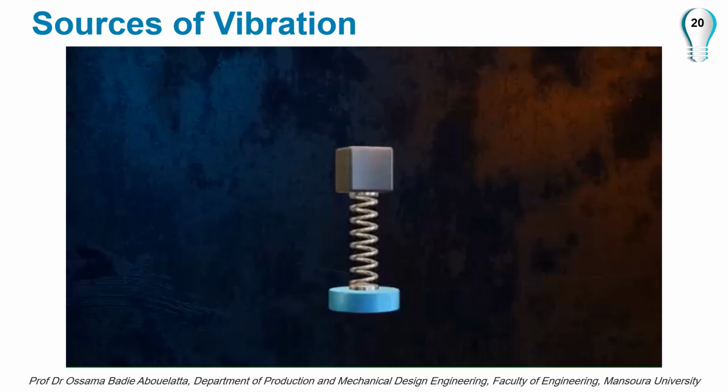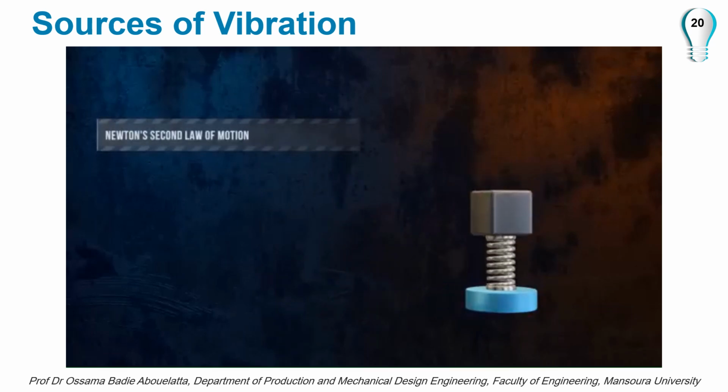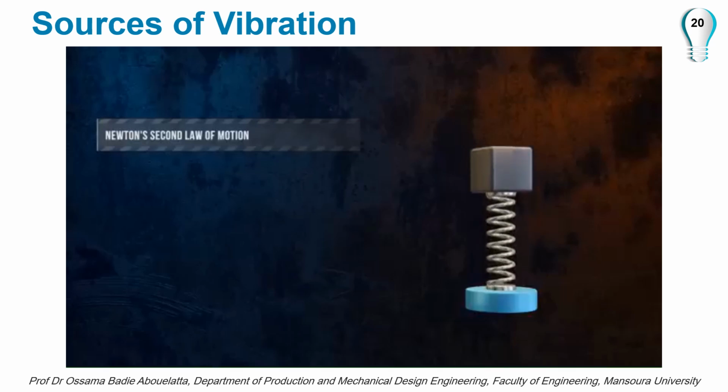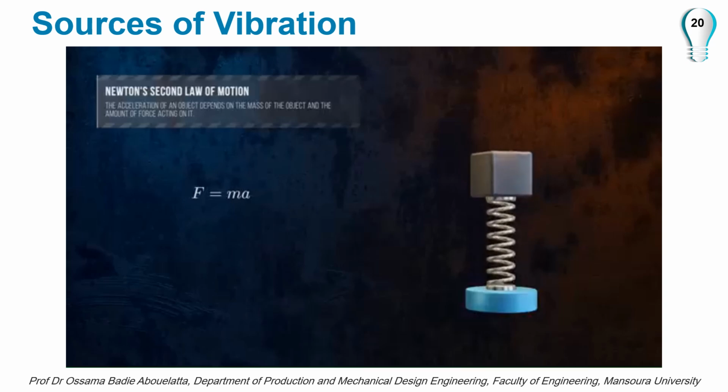The way the system vibrates is defined by its equation of motion, which can be determined by applying Newton's second law. The second law states that the sum of the forces acting on the point mass is equal to the product of its mass and its acceleration, F equals ma. We can figure out the sum of the forces acting on the mass by drawing a free body diagram.